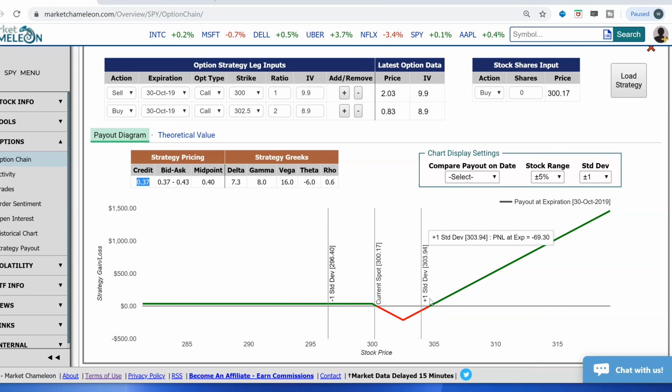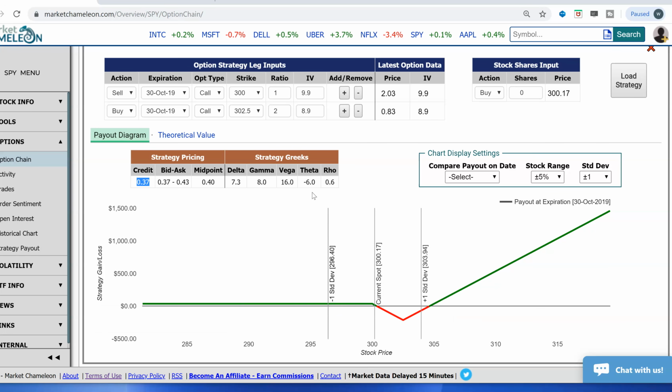Once it crosses here, your upside potential is unlimited, just like buying a call. Except instead of buying a call, where the payoff diagram looks much different and if it sits there you just lose the premium, here it looks a little bit different, because now you have a wider range of prices where you could potentially profit from this ratio spread.